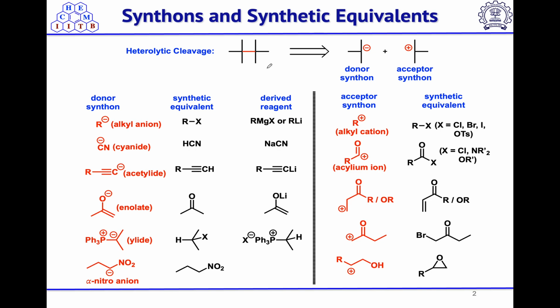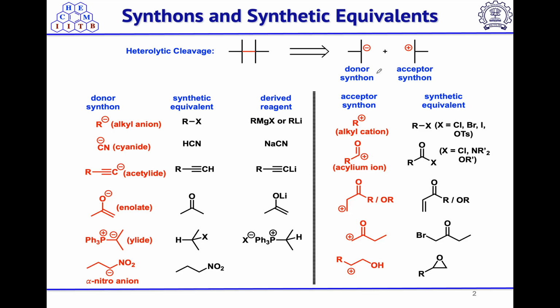Donor synthon means this carbon will take two electrons from the bond, so it becomes negatively charged and the other carbon becomes positively charged. The negative charge can donate its electrons, so it is known as the donor synthon, and the positively charged carbon can accept electrons, so it is the acceptor synthon.